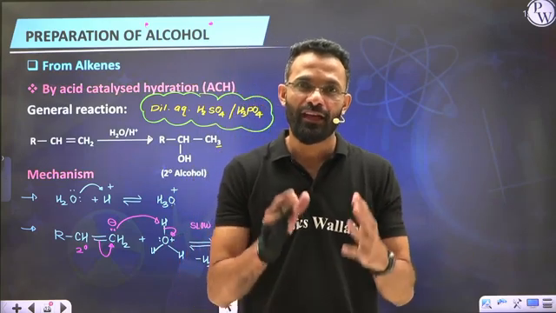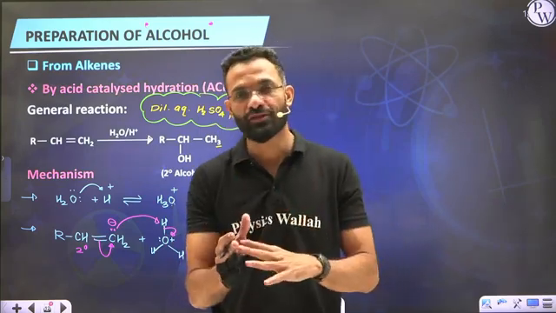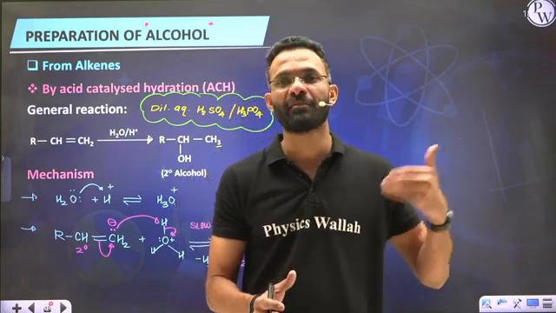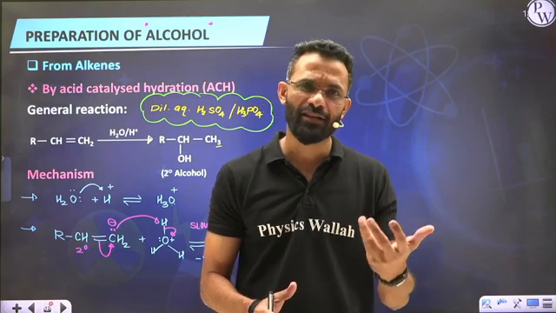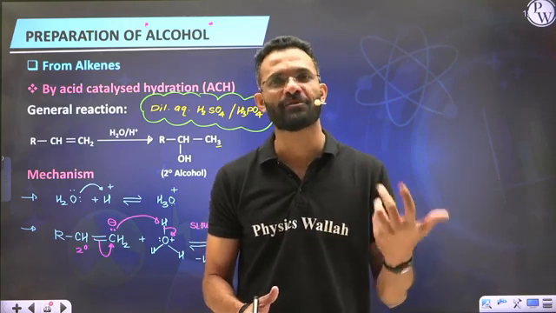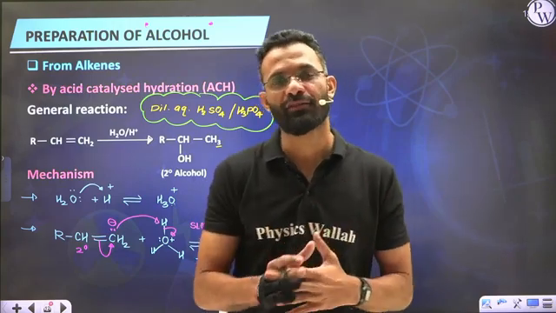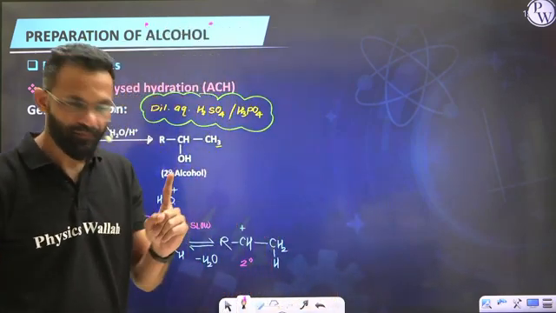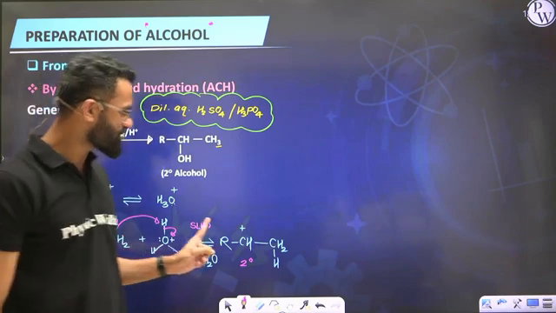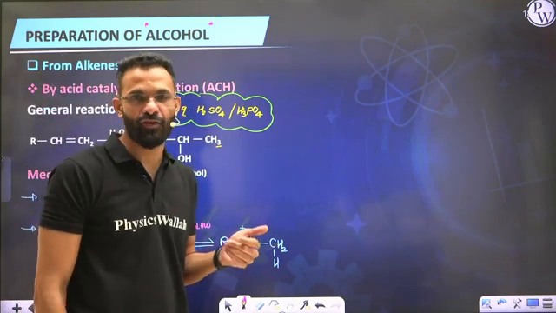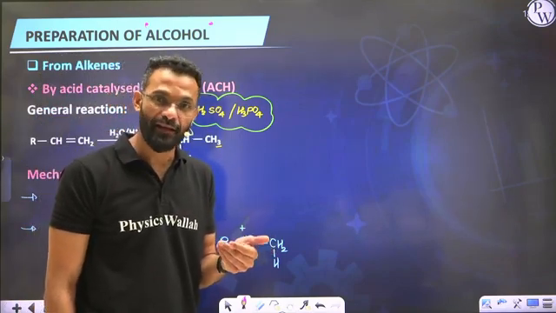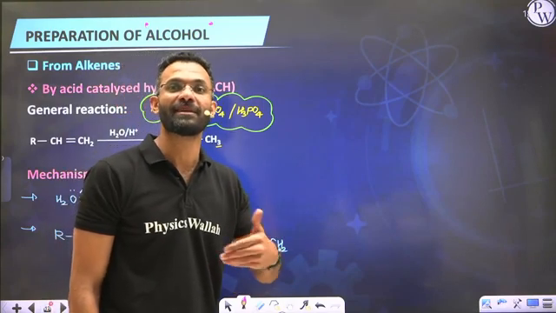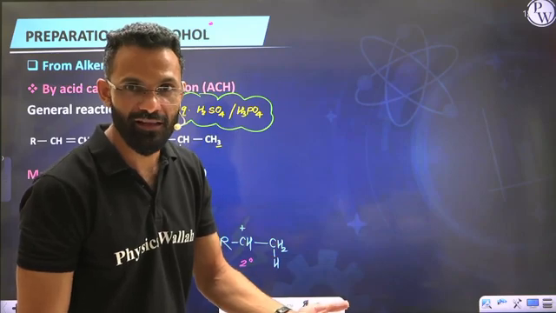Because if any carbocation is formed which is not that stable but has a scope of becoming a more stable carbocation via hydride shift, methyl shift or ring expansion, then those carbocation rearrangements always have to be considered. So we get two important features. Number one, ACH involves formation of carbocation. If formation of carbocation is possible, then it may also undergo carbocation rearrangement.